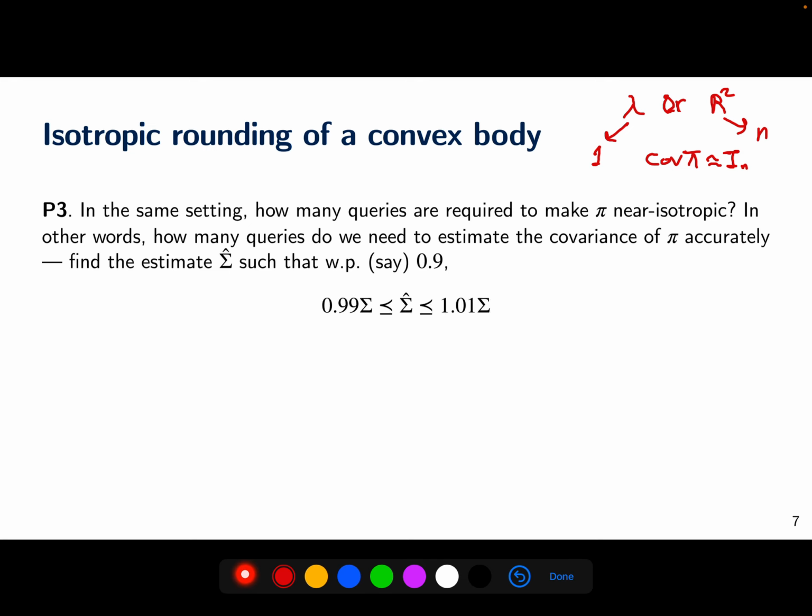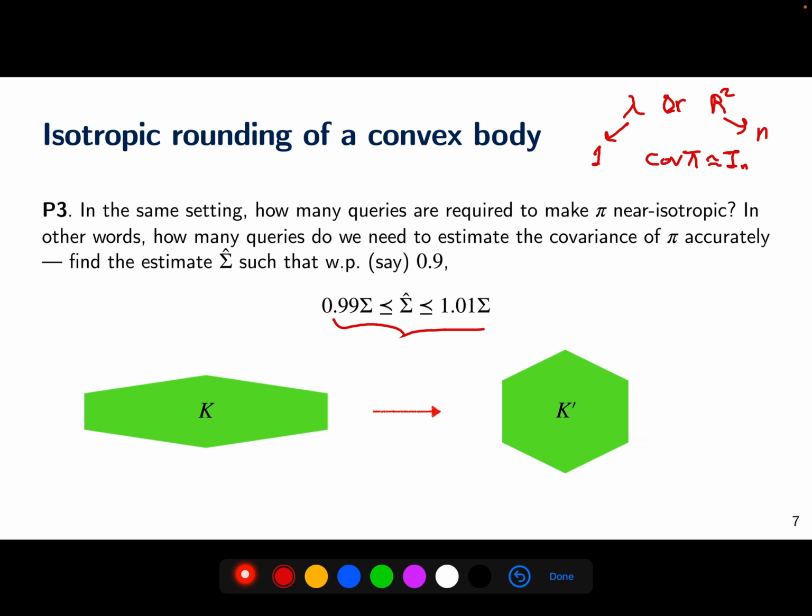You want to estimate sigma hat such that with some constant probability, say 0.9, your estimate falls very close to the actual covariance of phi.